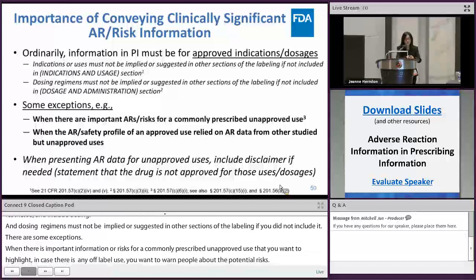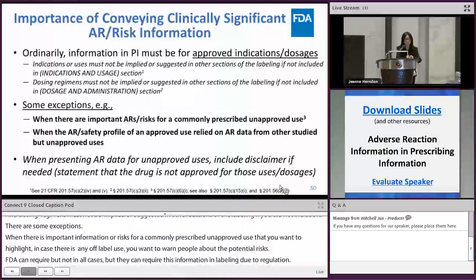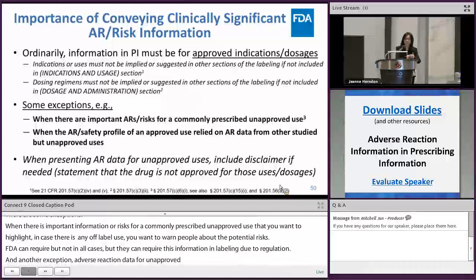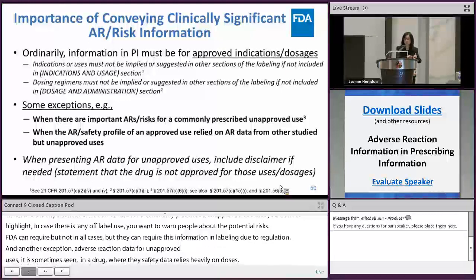Another exception for including adverse reaction data for non-indicated uses or dosages is sometimes seen when you have a drug where the safety database relies very heavily on a dosage that doesn't end up getting approved, and you have information for a smaller group whose dosage ends up being approved, and to present the safety data, you sort of need to borrow from the unapproved dosage.